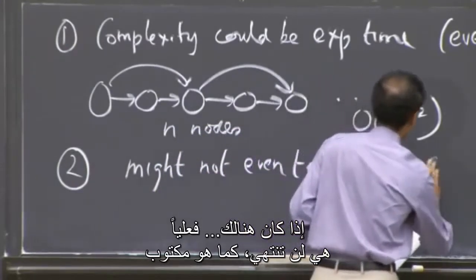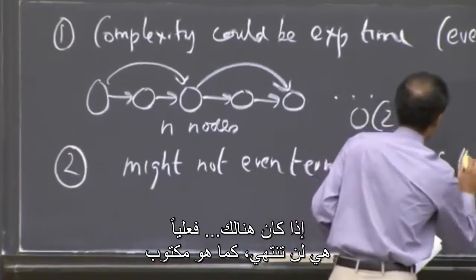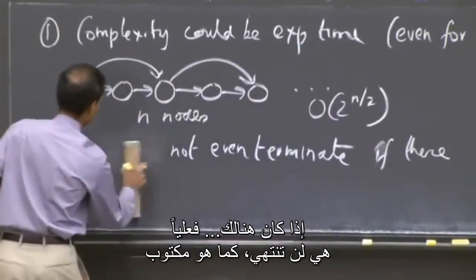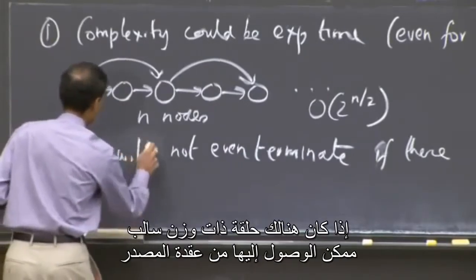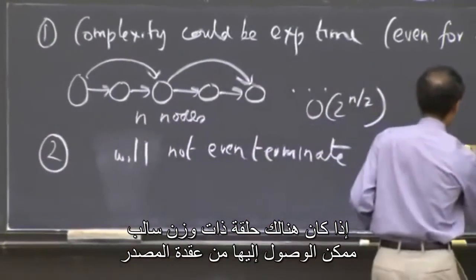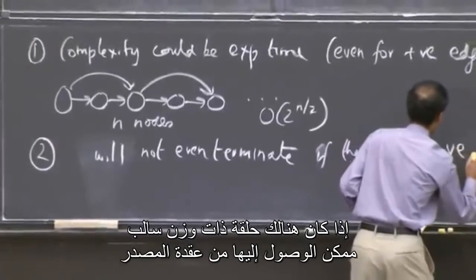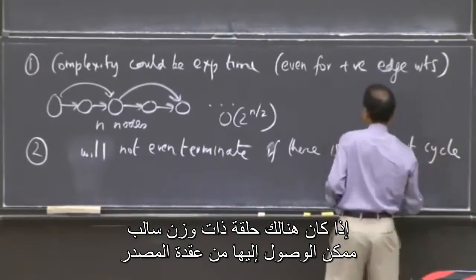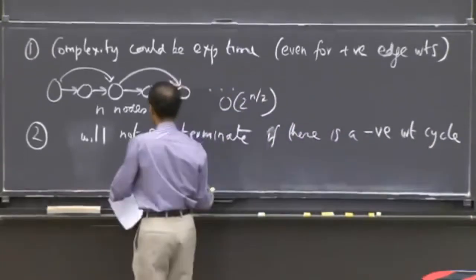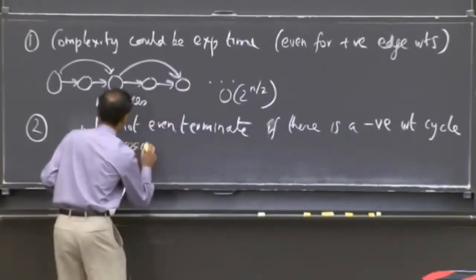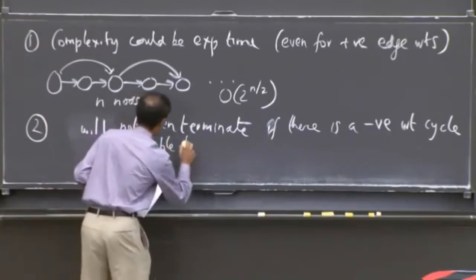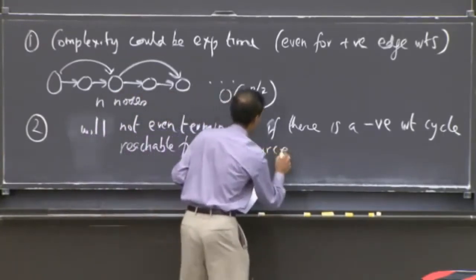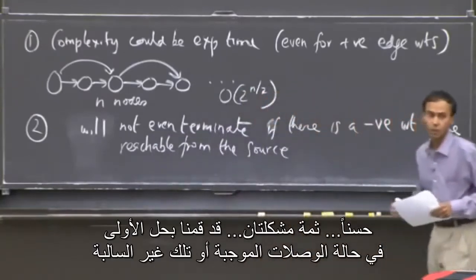Actually, it will not terminate, the way it's written, if there's a negative weight cycle reachable from the source. All right, so there's two problems.